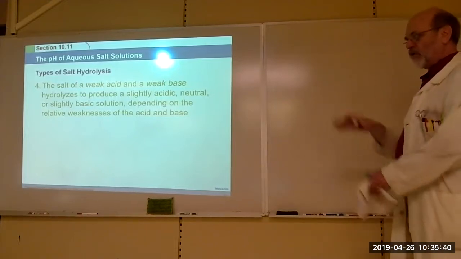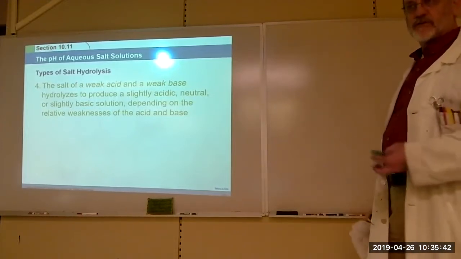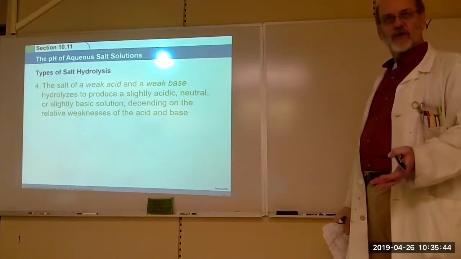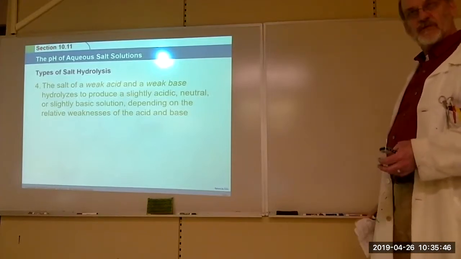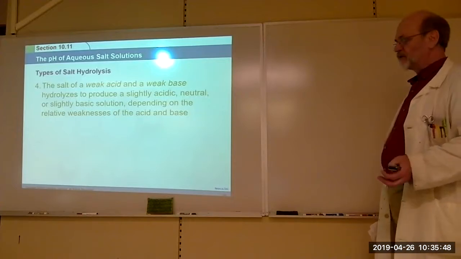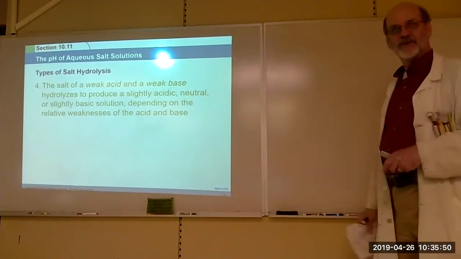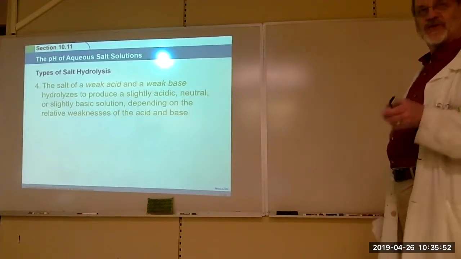Okay. So we're not going to go into that depth because this is an introductory course. In general chemistry, I get to torture my students with actually calculating which one's which. But we're not going to do that.